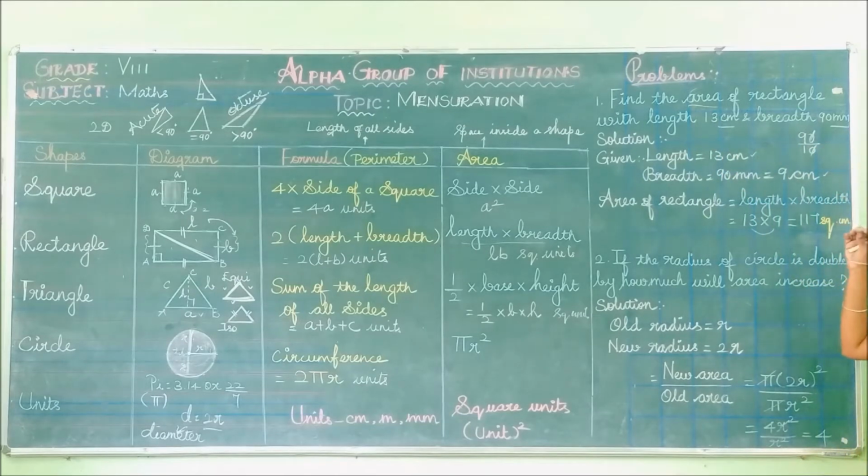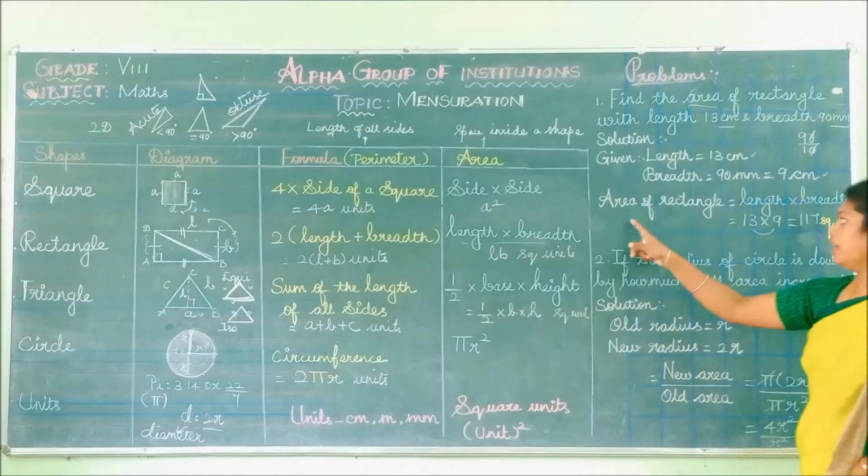To convert millimeter into centimeter, you have to divide the value by 10. So 90 divided by 10 is 9 centimeter. Now both values are in centimeter, and we can easily do the problem.